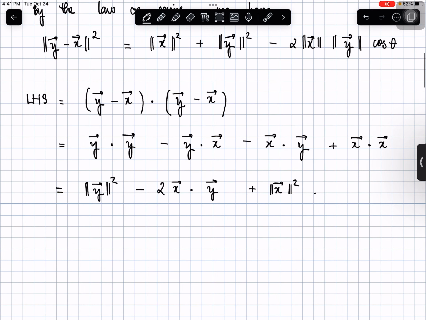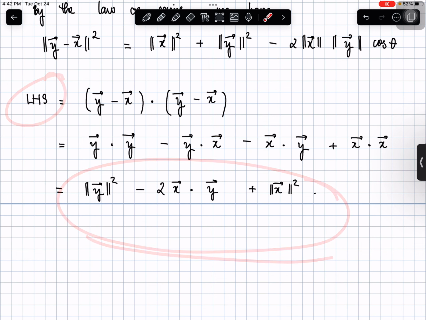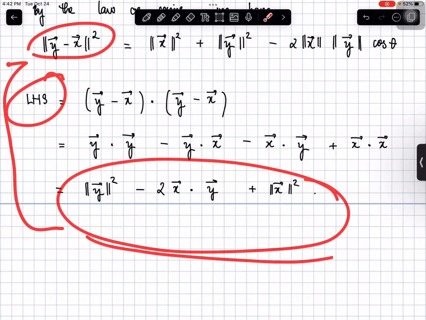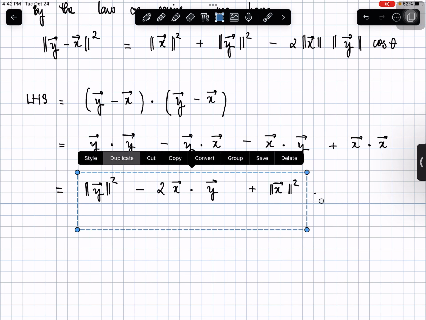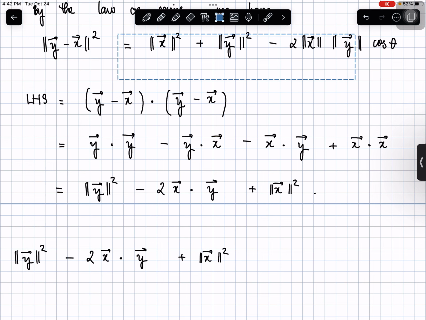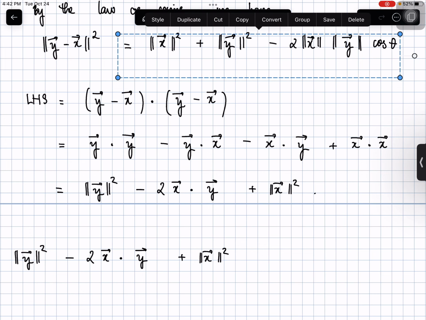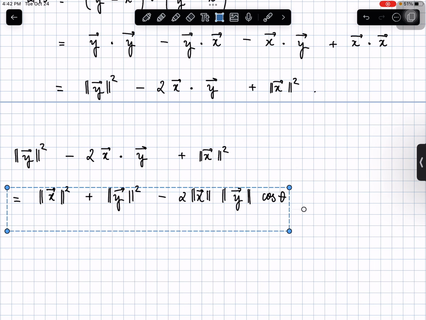Now we replace the left hand side by this one. Then this is the left hand side, equal to the right hand side. This is what we have.